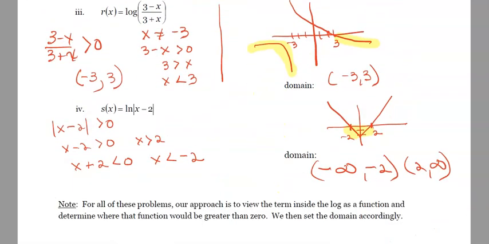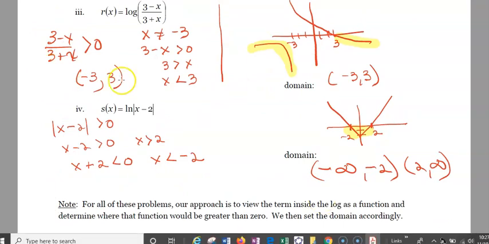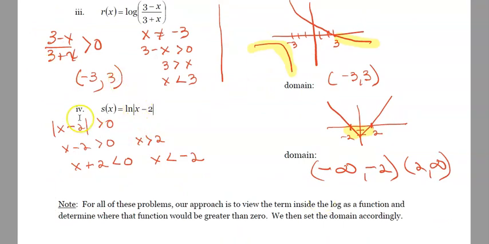Okay, let's do this last one. I'm going to ignore this algebraic example too, and I'm going to go with the graph. I think the graph is a much easier way to understand it. So look at this absolute value function. What I've done is I've taken the absolute value function and I've shifted it down 2.